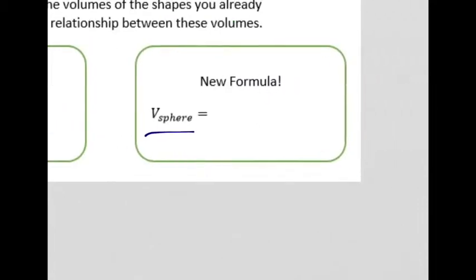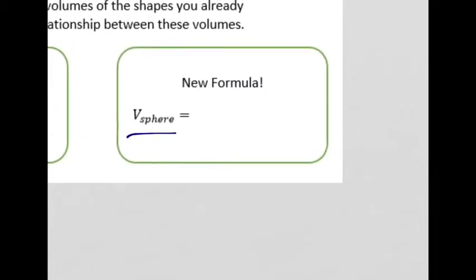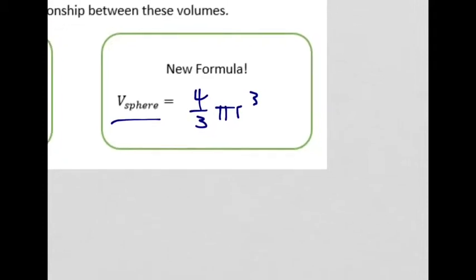Now a sphere is a little bit different. Remember with the surface area of a sphere, I just gave it to you. I'm going to do the same thing this time. The volume of a sphere is 4 over 3 pi r cubed. Now that's an easy one to confuse with this guy. This one is the surface area of a sphere. Notice both formulas have a 4, both of them have pi, both of them have r.